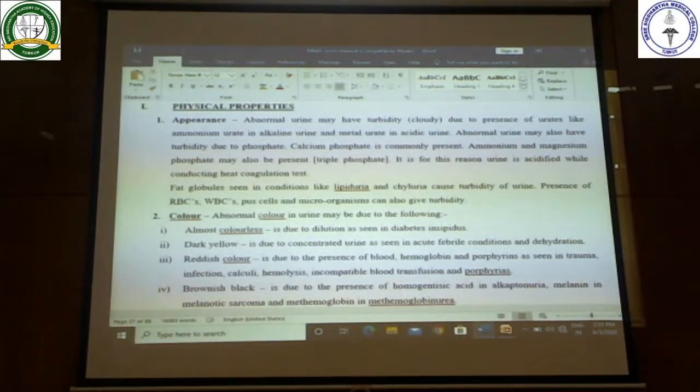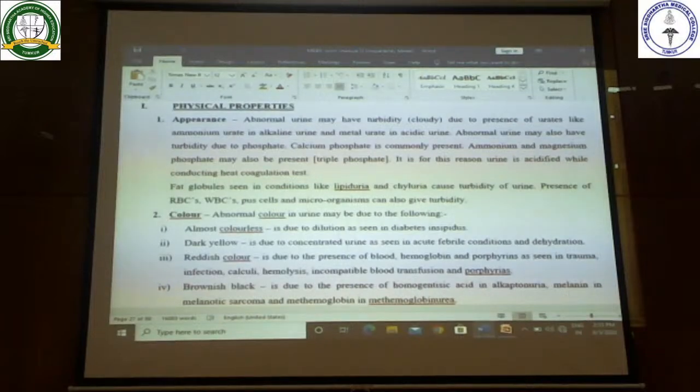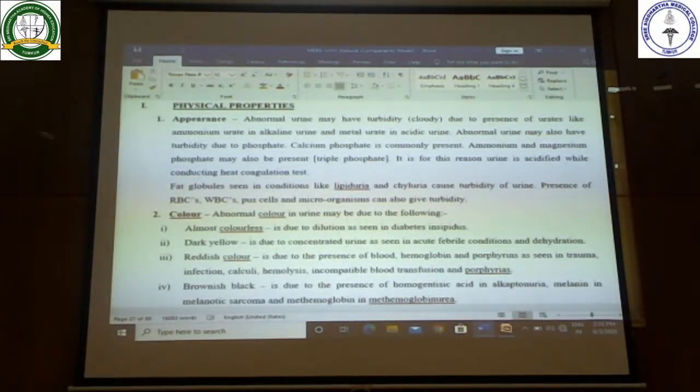So you are dissolving the phosphates which are usually present in the urine. It is for this reason that urine is acidified while conducting the heat coagulation test.